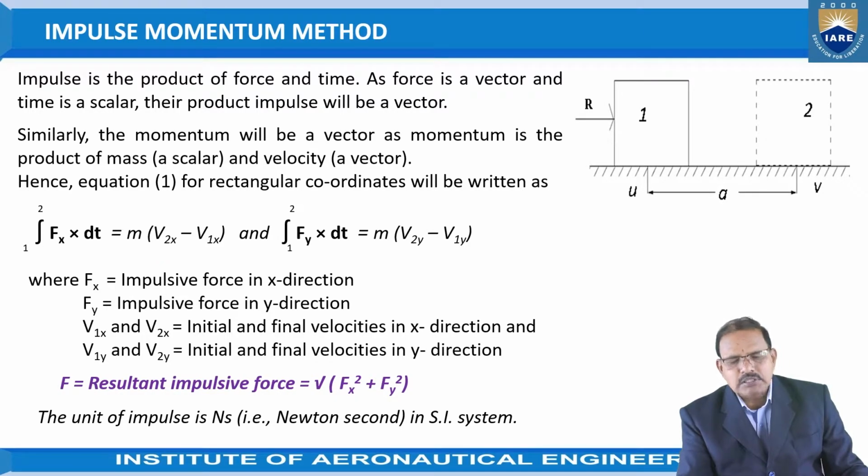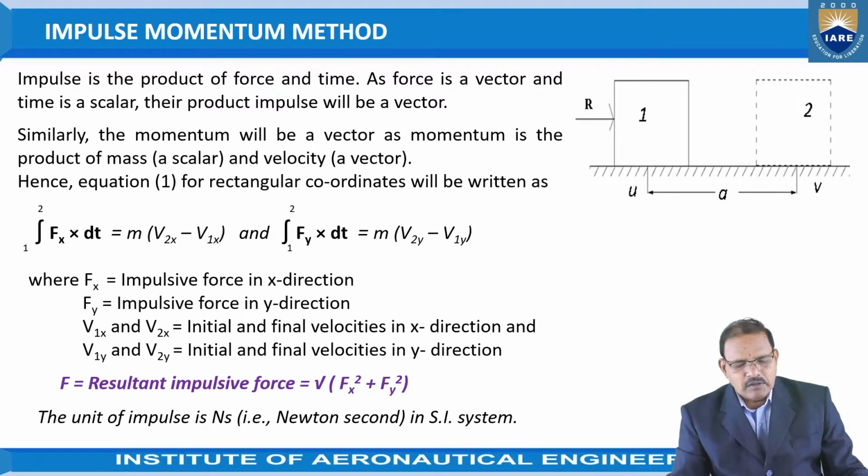Here v2x represents the final velocity of the body, and v1x represents the initial velocity along the x direction. Similarly, the impulse along the y direction is given by the product of the component of force along the y direction multiplied by the time. It should be equal to the product of mass and the change in velocity, v2y minus v1y.